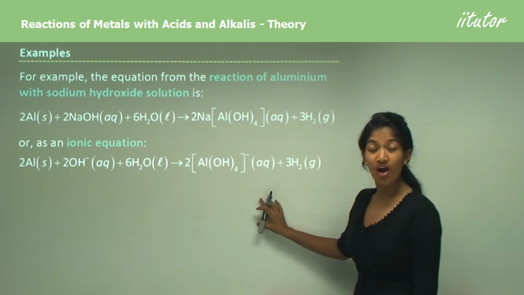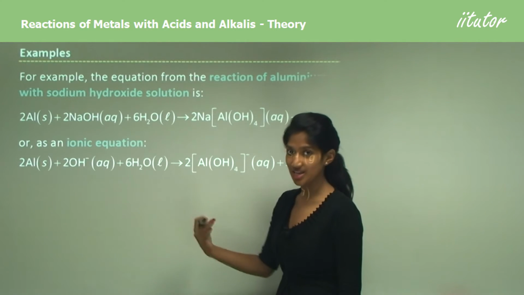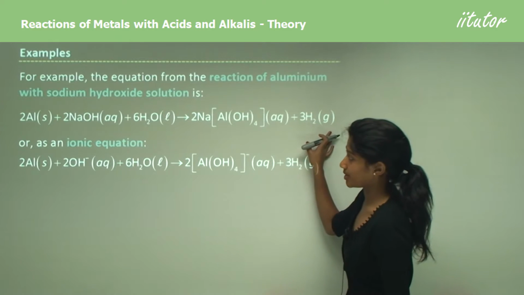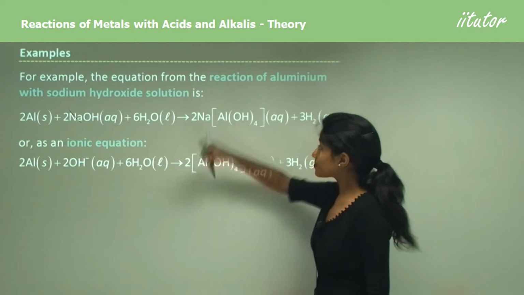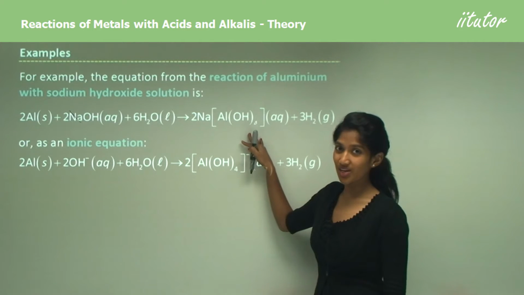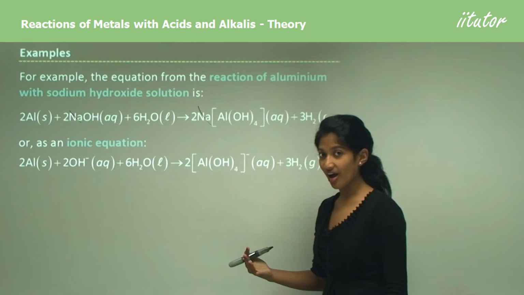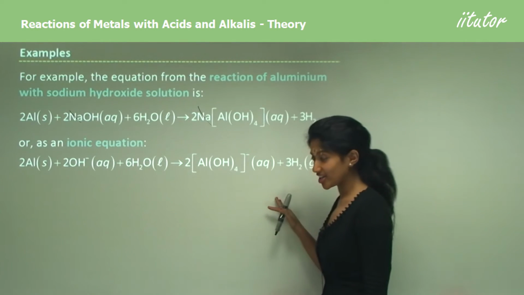Now, when you're writing your ionic equation, what you would do is take out the spectator ions. In this case, just look at this equation for the time being. You have sodium here already in a compound, and sodium here is also in a compound, which makes sodium our spectator ion. Taking out the spectator ions, we just write our ionic equation.